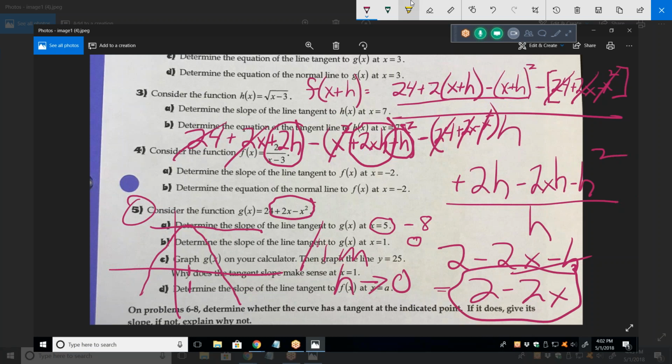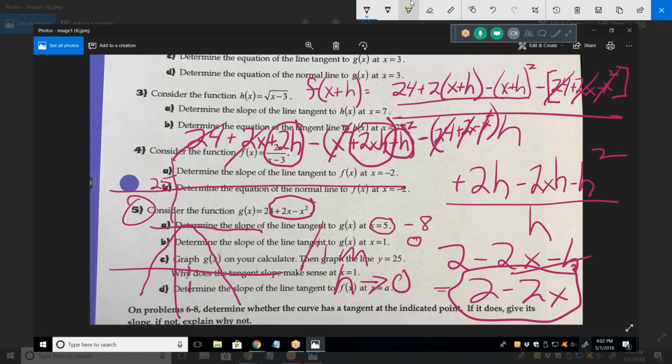Okay. Now, they said graph the line y equals 25, which is just a horizontal line like that at 25. Now, what would that be?